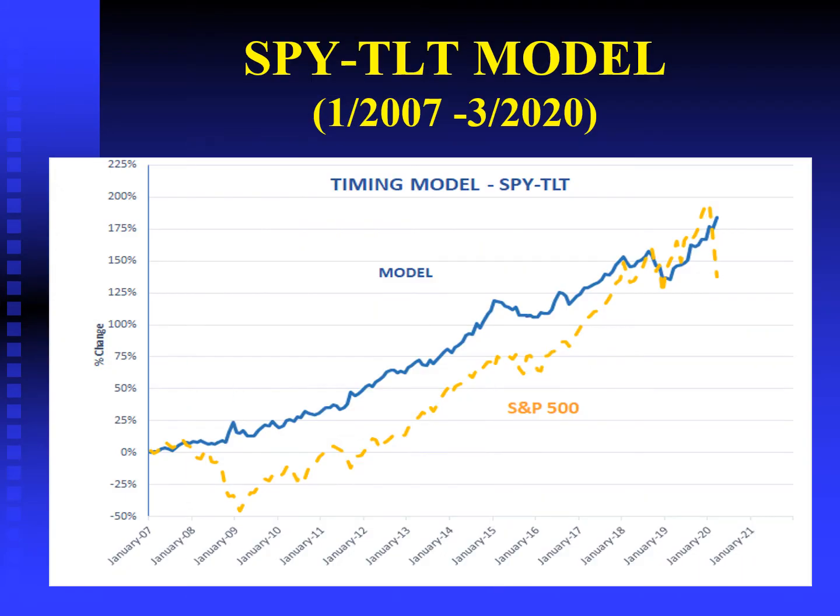This is the performance of the portfolio when you add to a diversified portfolio like SPY an overweight in TLT, which is the ETF for long-term treasury bonds, from 2007 to 2020.